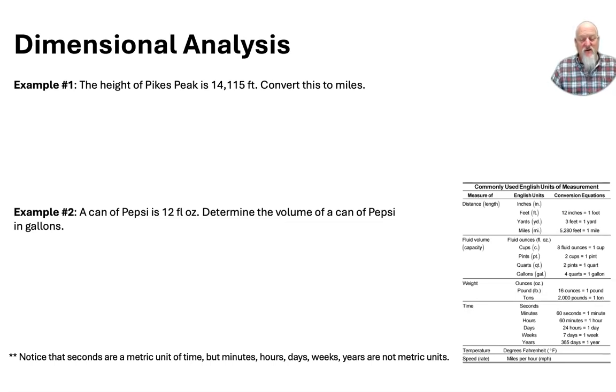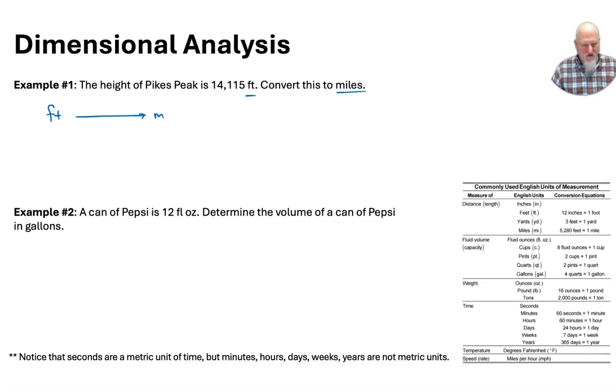So Pikes Peak has a height of 14,115 feet. I want to convert that to miles. Feet and miles are both English units, so we're just going to completely use this table. So I can go from feet to miles directly.